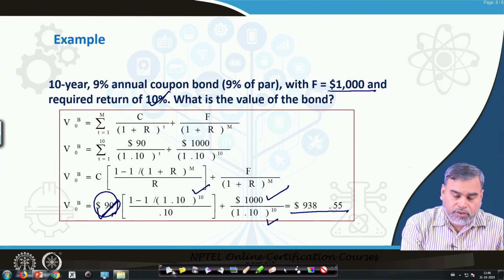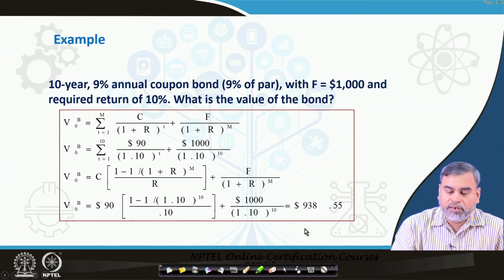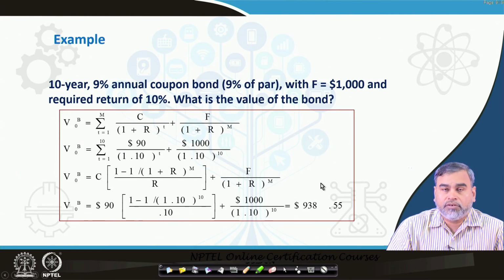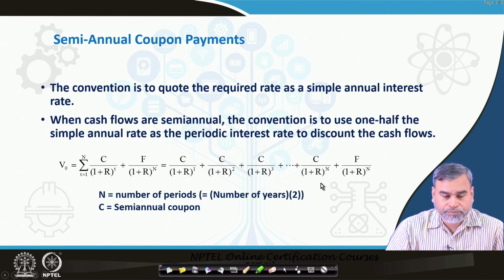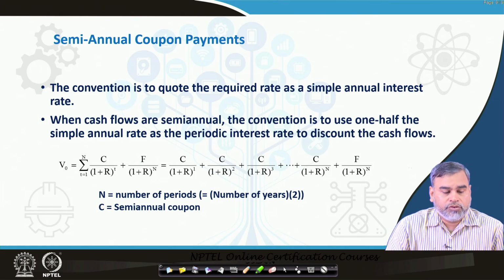Now let us change the coupon frequency. For example, if the cash flows are semi-annual, that means the coupons are paid semi-annually.